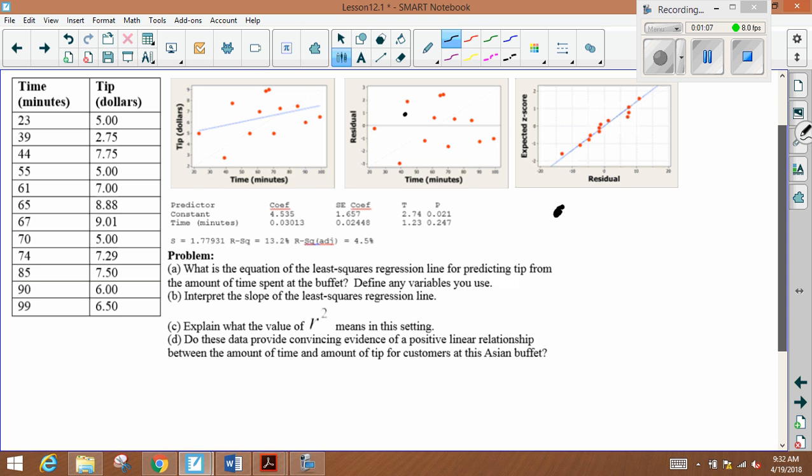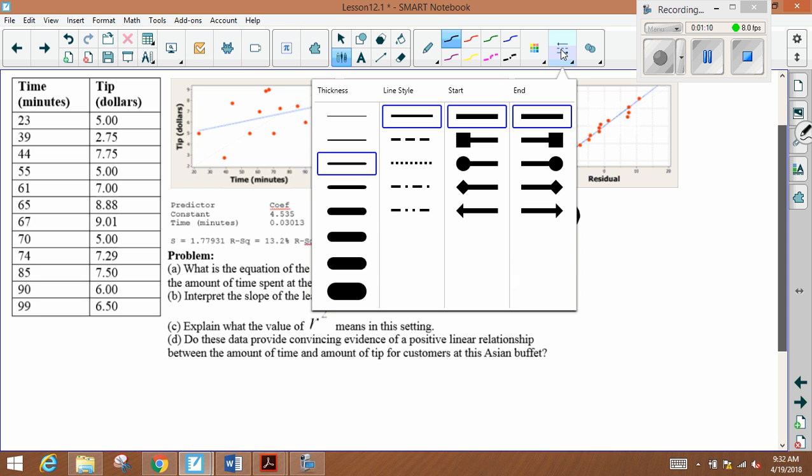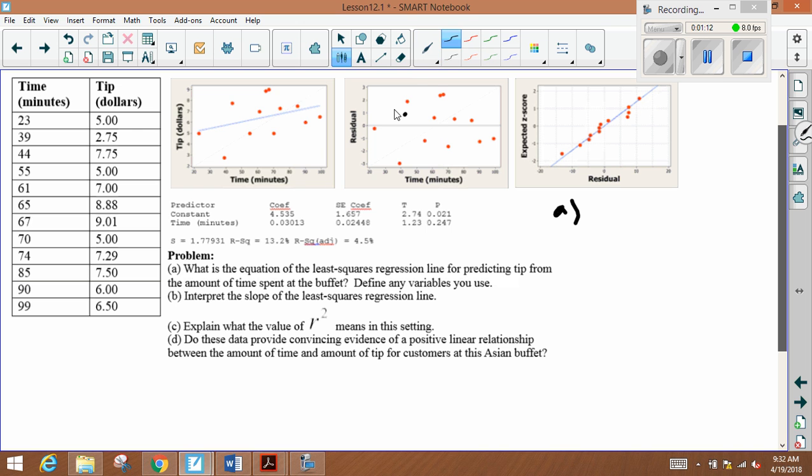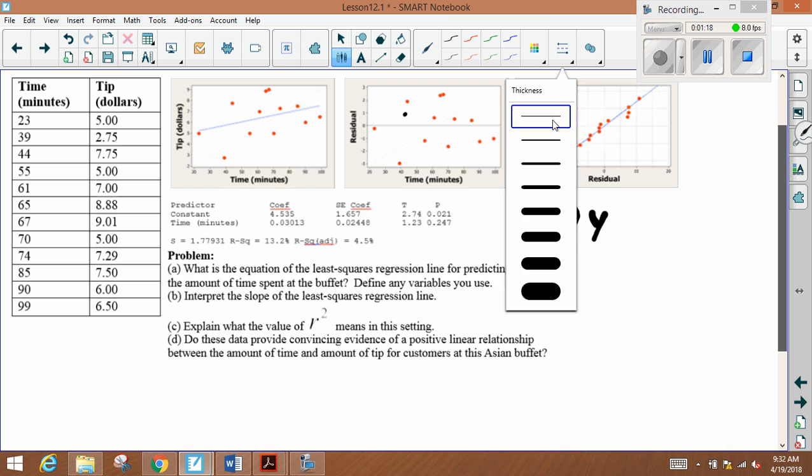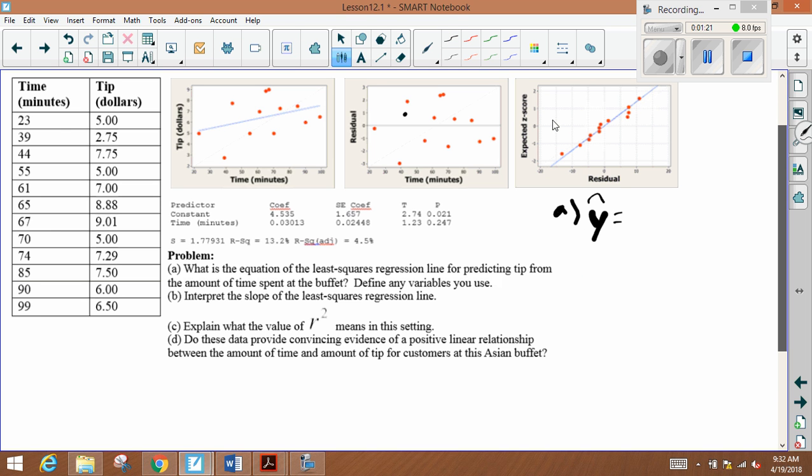What is the equation of the least squares regression line? So y hat is going to be, remember, this is our slope and that is our y-intercept. 0.03013 x plus 4.535.